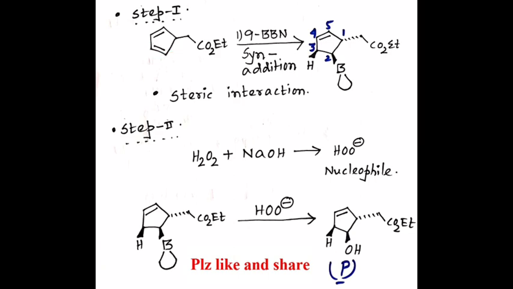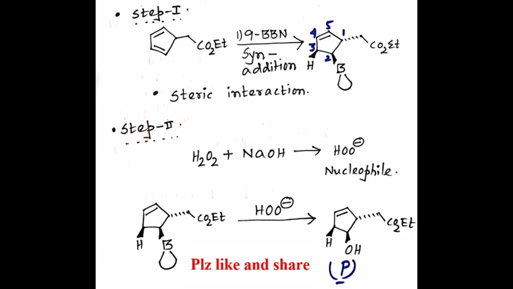After the attack on this double bond, it gives this type of boron derivative. And here, if you look into this boron derivative, the boron and this CH2OEt group are opposite to each other.